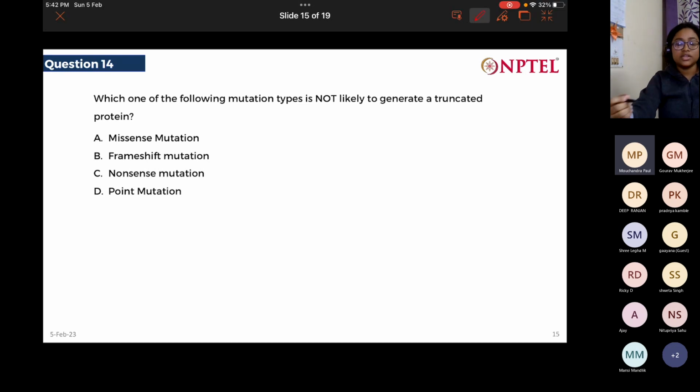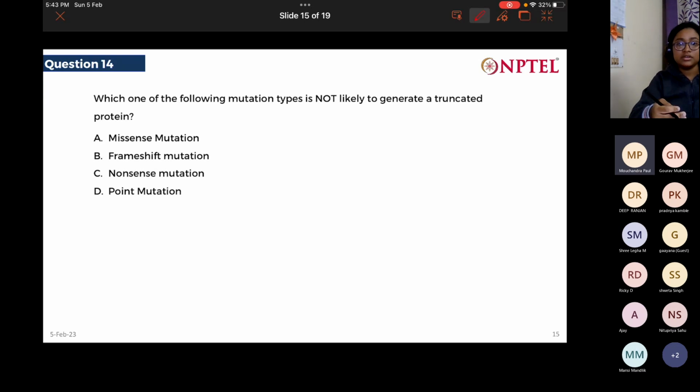You're just replacing, right? A replacement in the base pair is happening. This point mutation is seen in missense as well as in nonsense mutation, because one base pair is being changed. It's a type of mutation which explains the result of missense and nonsense mutation, if you think like that.